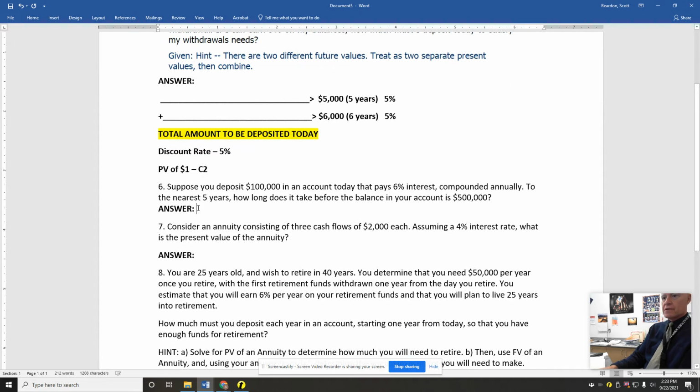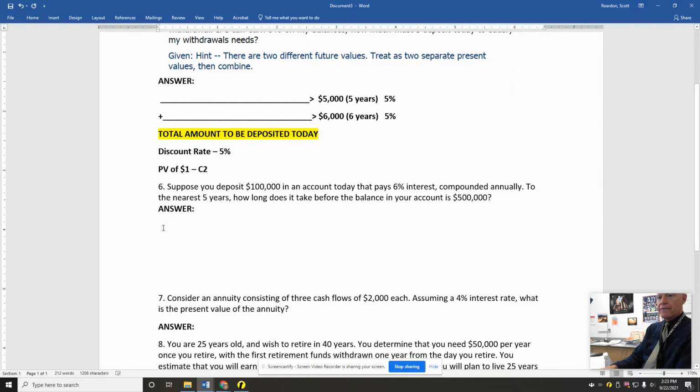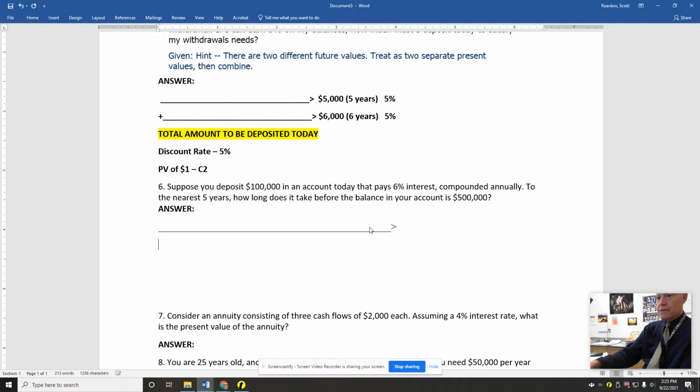Okay, number 6. Again, if I have a timeline here, I start out with 100 grand. I finish with 500 grand. I know what my starting point is, and I also know what my end point is.